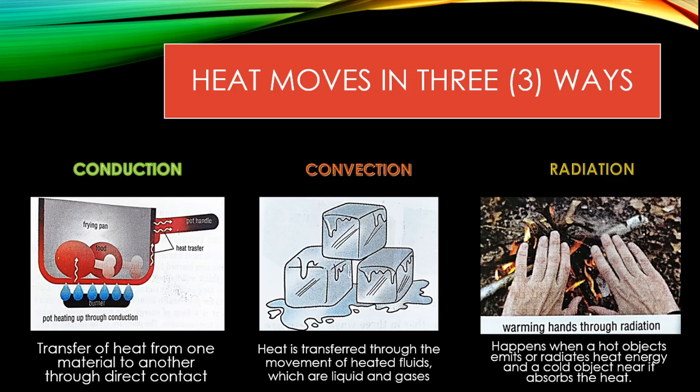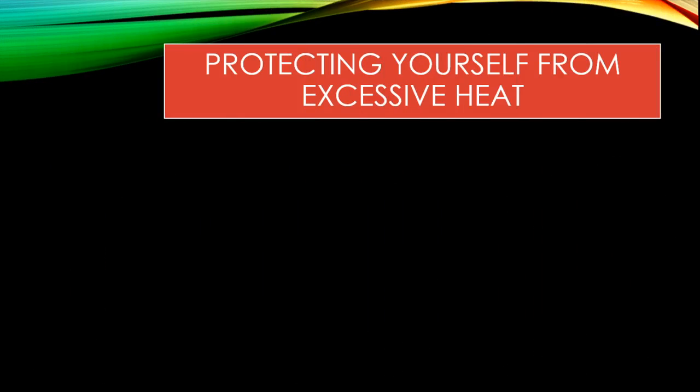So that is radiation. When there is heat and you place an object near to the heat and it absorbs the heat, that is called radiation. Okay. Those are the ways of transferring heat: convection, conduction, and radiation.